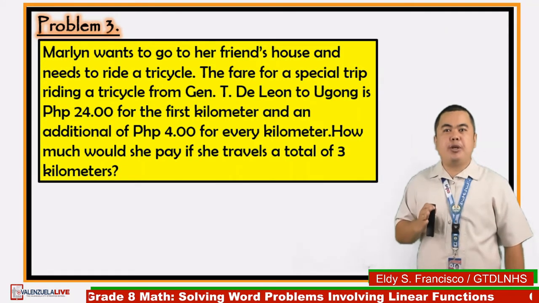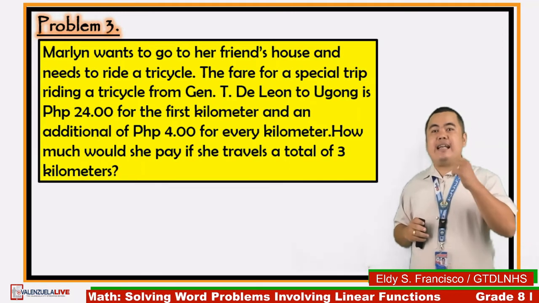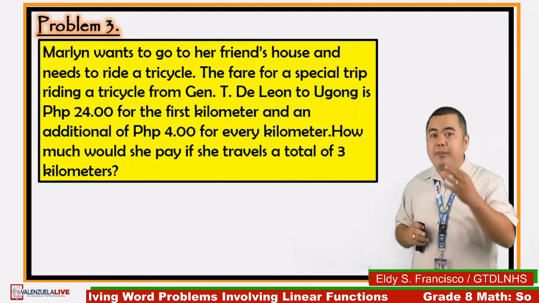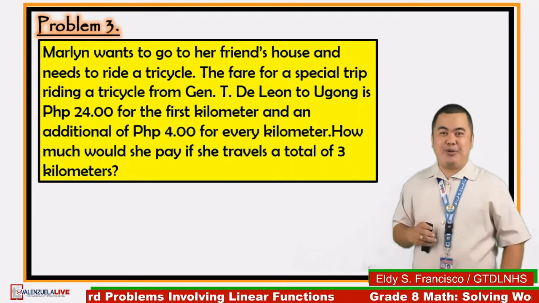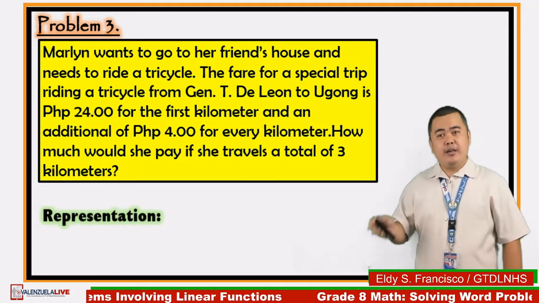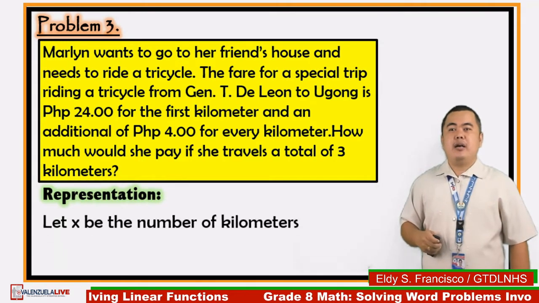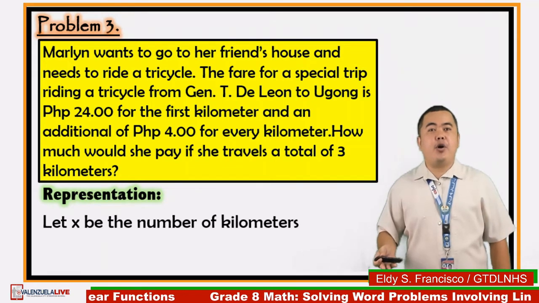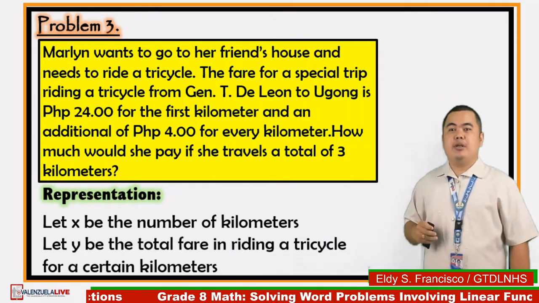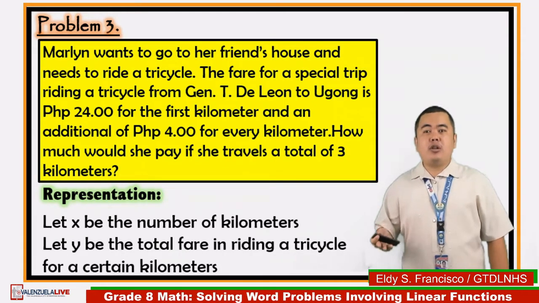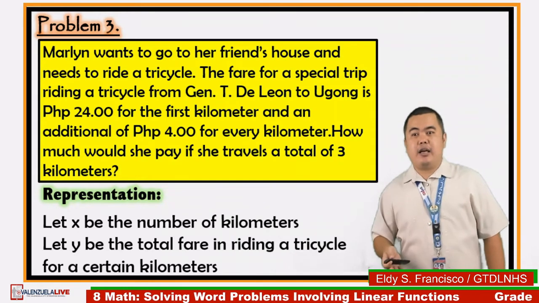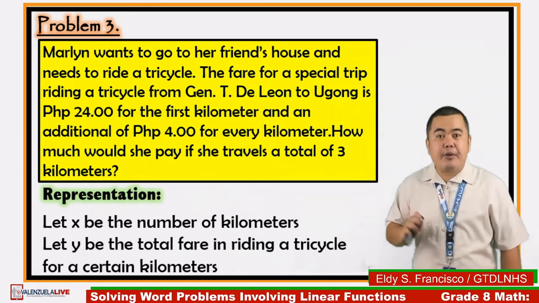How much would she pay if she travels a total of 3 kilometers? Representation, let x be the number of kilometers. Let y be the total fare in riding a tricycle for a certain number of kilometers.